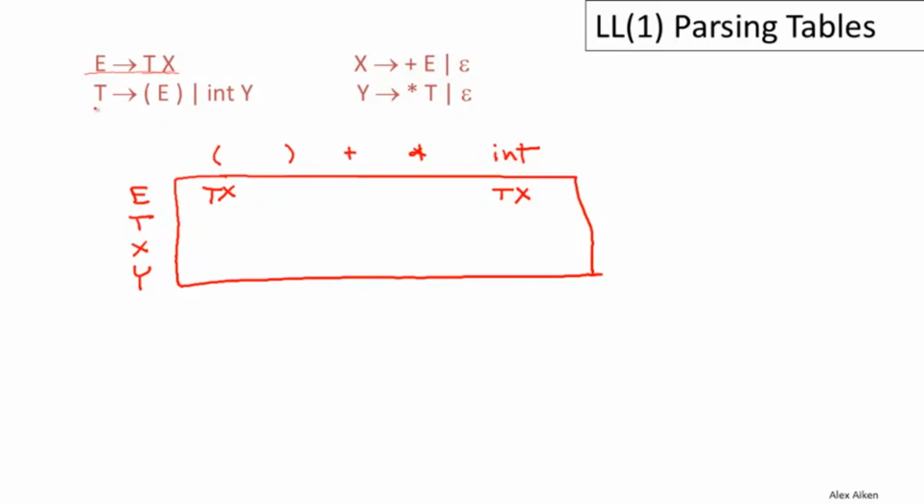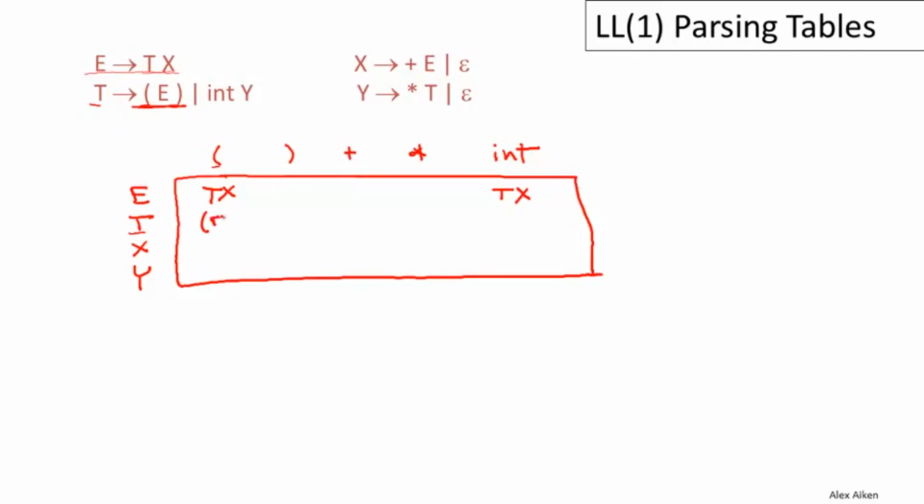Now let's take a look at the next production. When are we going to use T goes to open paren E close paren? Well, if T is the leftmost non-terminal, that's the symbol on the left-hand side, and an open paren is the next symbol in the input, because that's the only thing in the first of this right-hand side, then it would be a good move to expand by open paren E close paren.